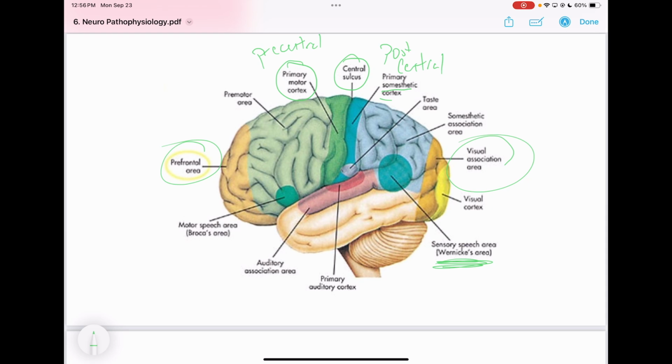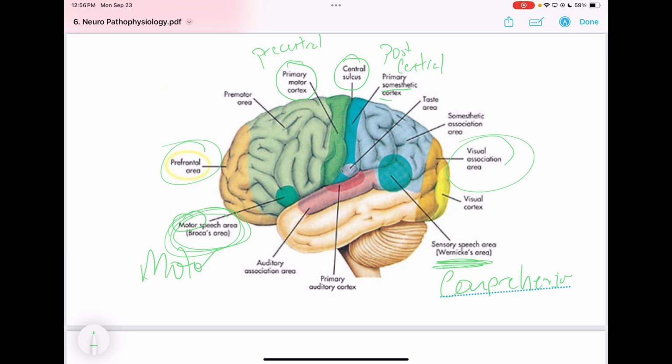What is Wernicke's? Speech or comprehension? Comprehension. Wernicke's patients can speak normally, they just don't make any sense when they speak. Wernicke's area is comprehension. Broca's area is motor.